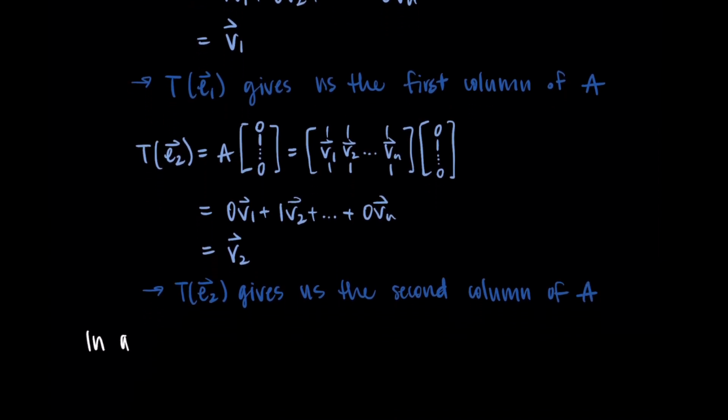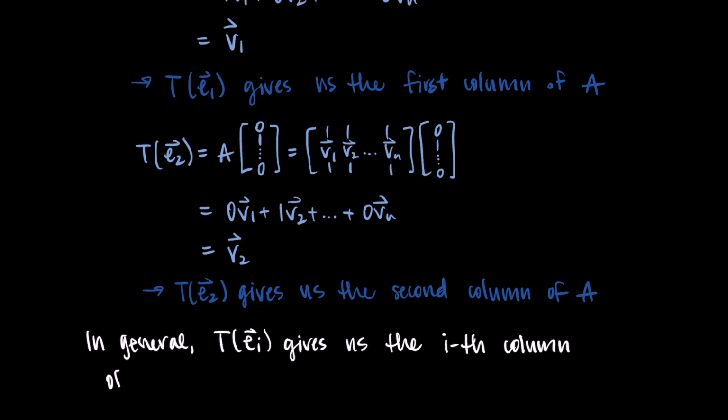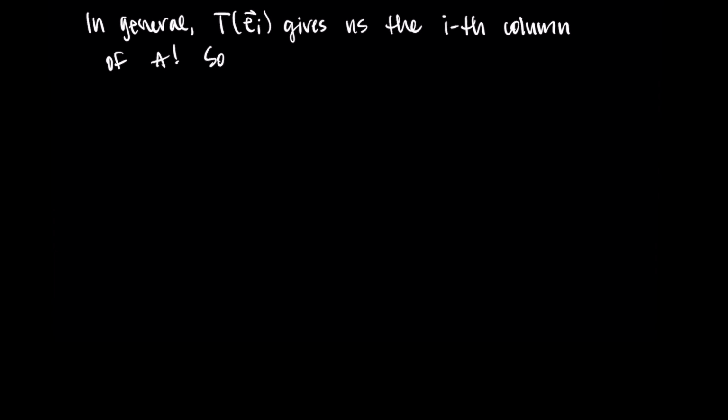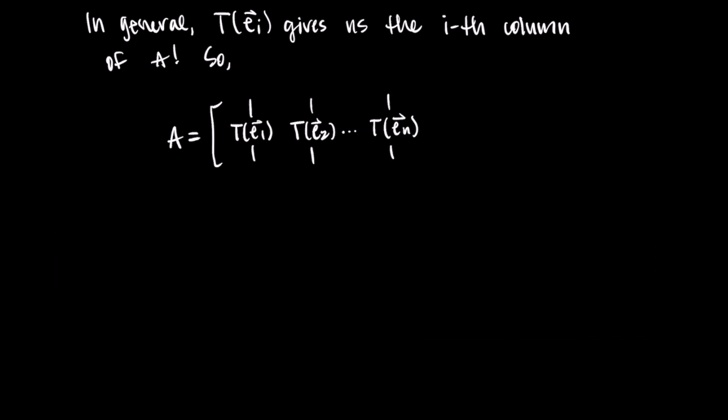We could repeat this for any of the basis vectors. So in general, T of Ei, where that's the ith basis vector, will give us the ith column of A. So we could actually write A in terms of what happens to the basis vectors. The first column of A is T of E1, the second column of A is T of E2, all the way to the final column, which would be T of En.